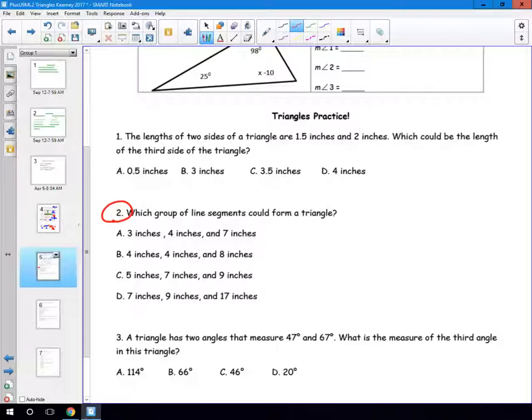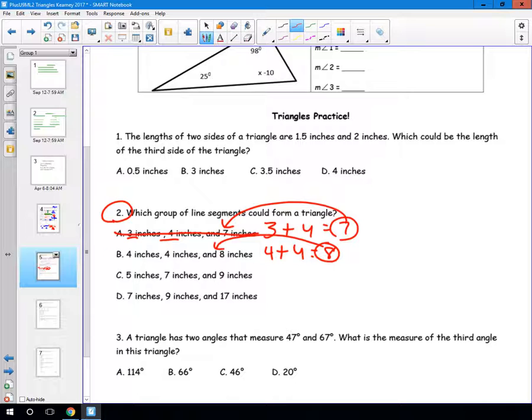meets that criteria. So A, the two smaller sides are 3 and 4. So 3 plus 4 is 7. Is 7 greater than 7? No. So that one doesn't work. Next one, the two smaller sides, 4 plus 4, that's 8. Is 8 greater than 8? No. Next one, 5 plus 7.